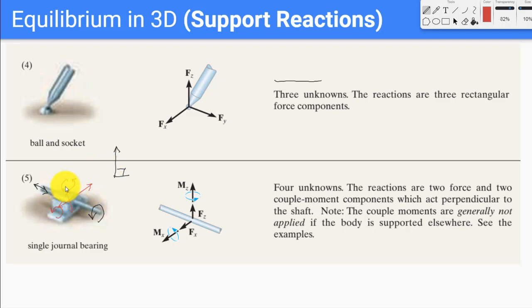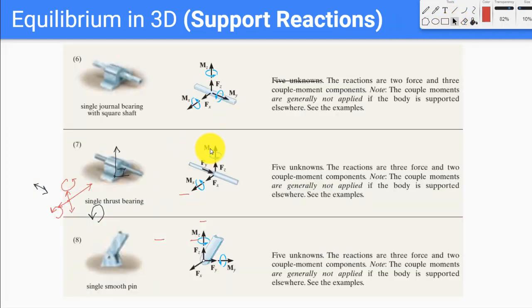So for every restricted motion, we would have a support reaction. We would have 2 forces, Fx and Fz, to stop the translation, and we would have 2 couple moments, one in Mx and one in Mz, to stop the rotation in these 2 axes.